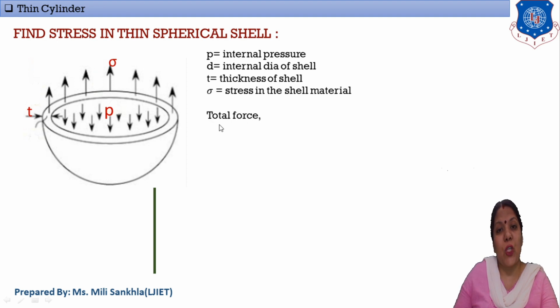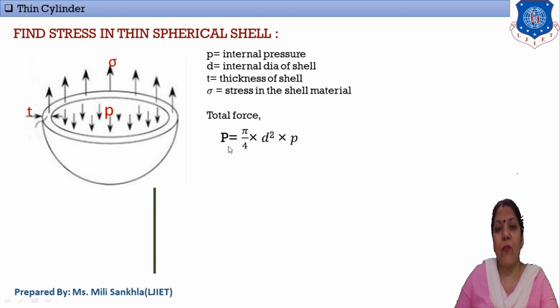Now first of all we find out the total force that acts in the spherical vessel. Now internal pressure P is equal to force divided by area. If we find out total force, then simply pressure multiplied by area. Now P is our pressure and area of this sphere is equal to pi by 4 d square.